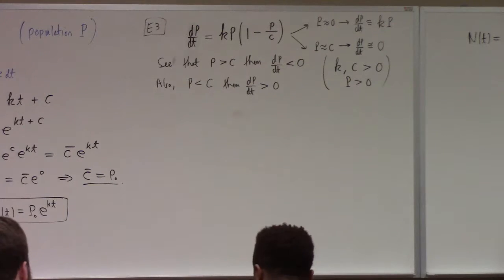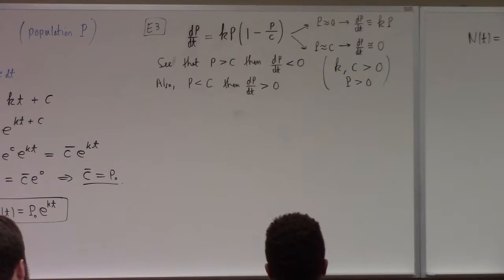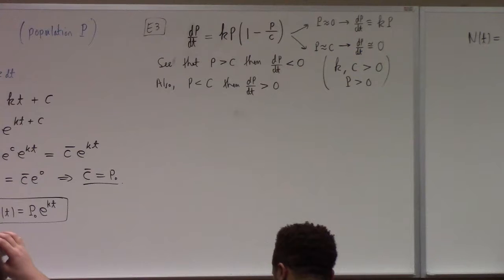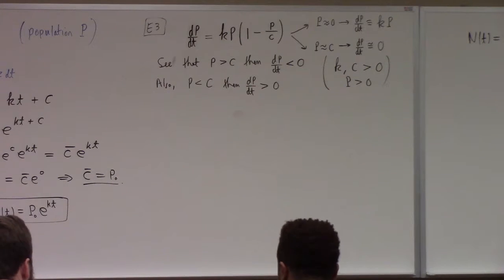There's another special case: if the population was exactly equal to c, what would happen? Well, dp/dt would be 0. What does it mean if the derivative is 0? No change. That'd be constant population. So if you could somehow hit the carrying capacity, you just stay there according to this model. So this model somehow has incorporated both a birth rate and a death rate.